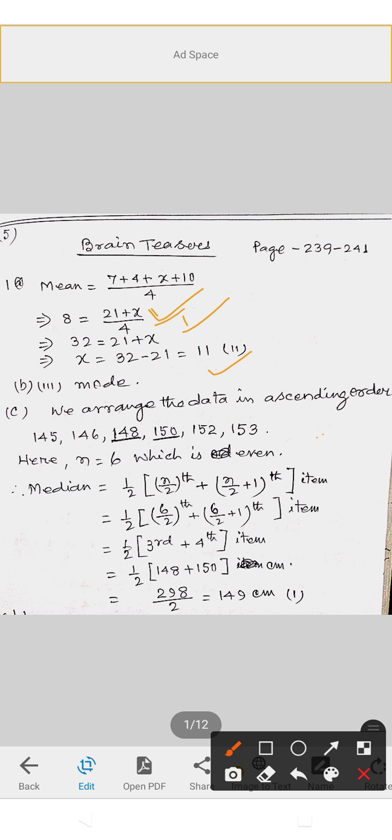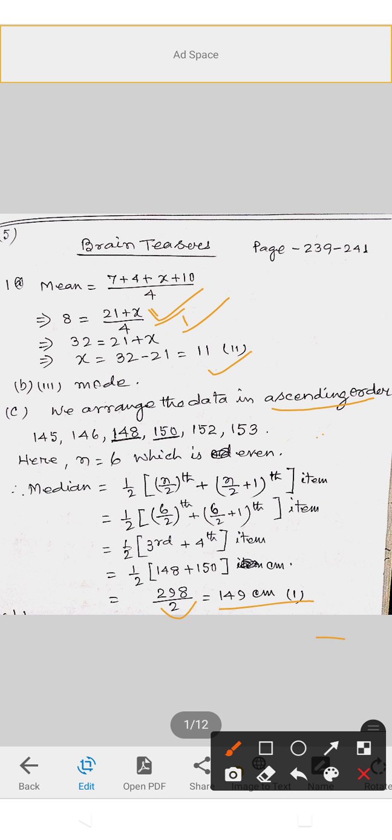So we arrange the data in ascending order, that is 145, 146, 148, 150, 152, 153. Here total number of observations n equals 6, which is an even number. So median equals 1 by 2 [(n by 2)th + (n by 2 + 1)th items].